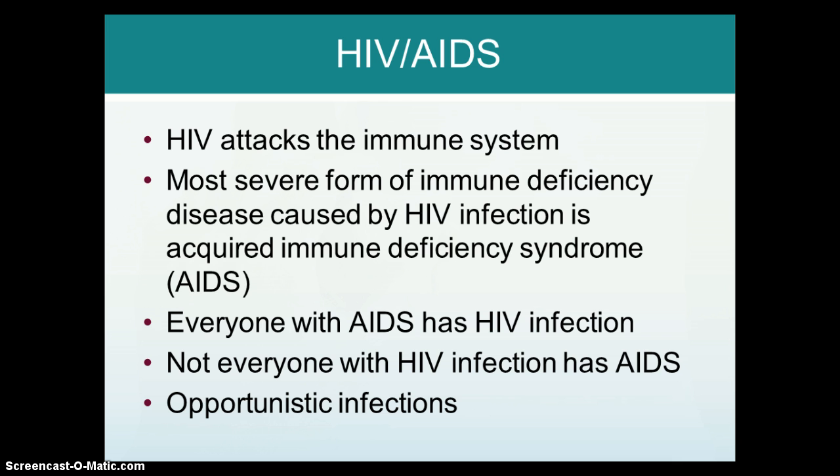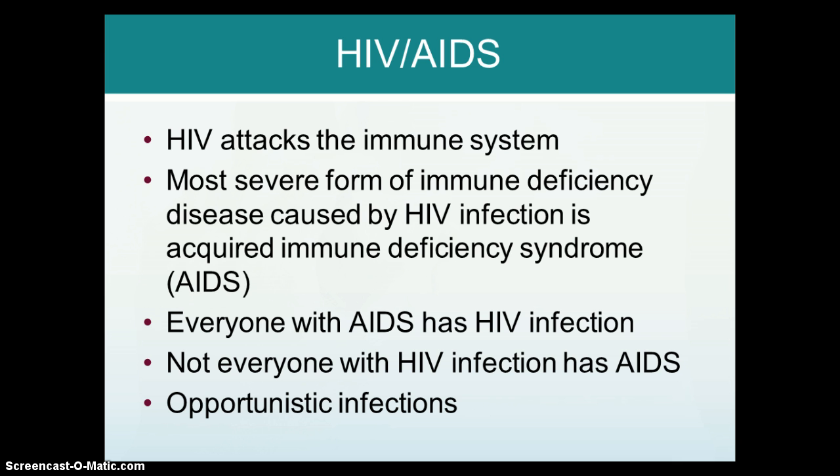I don't know the exact number, but hypothetically, let's say you have 10,000 CD4 helper T cells, which is what you normally should have. Now, in an HIV infected person, that number will consistently drop until they get maybe below 200. At the point where you drop below 200, you would be considered to have acquired immune deficiency syndrome, which is AIDS.